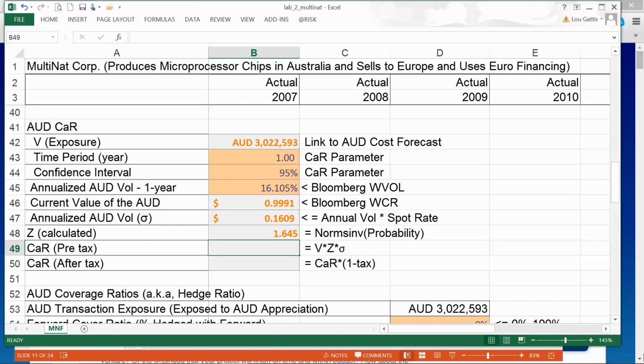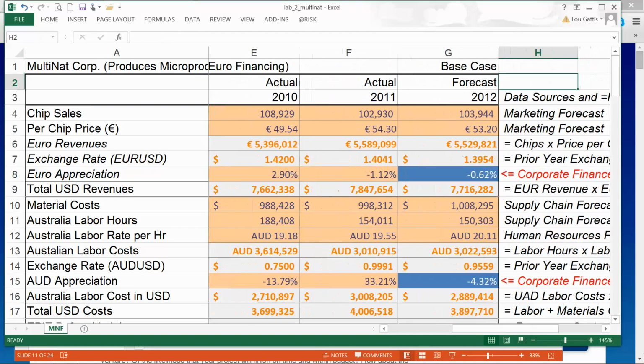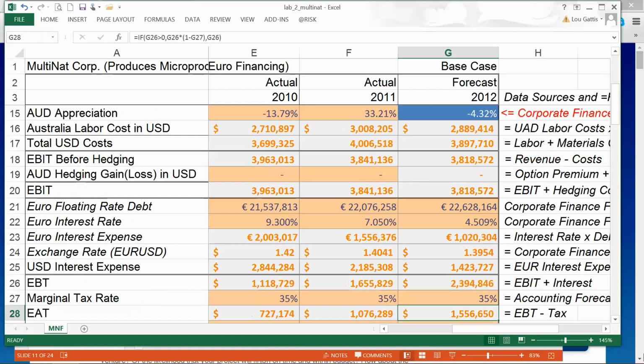And now I just need a V. Well, the V is actually up in my spreadsheet. I'm forecasting that I will need to come up with 3.022 million Australian dollars to pay my Australian labor. So that's my V. I'm going to have a payable of 3 million Aussies.